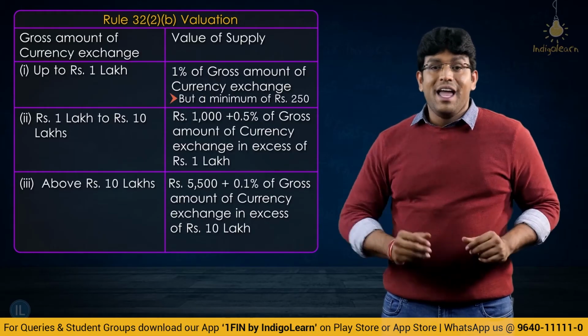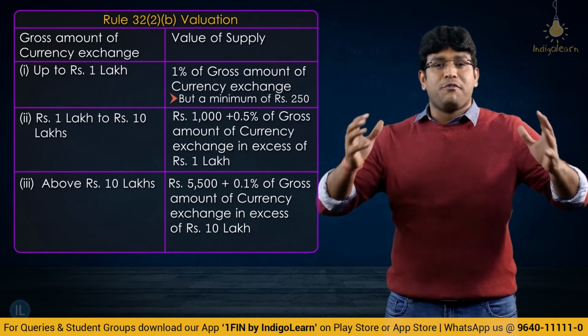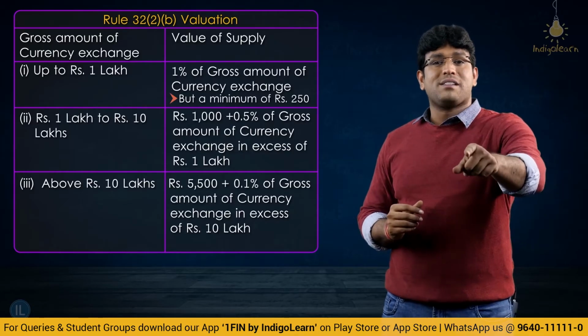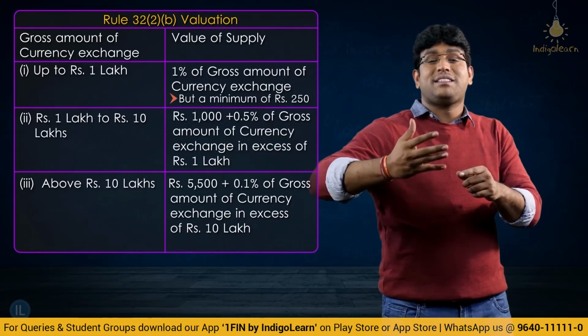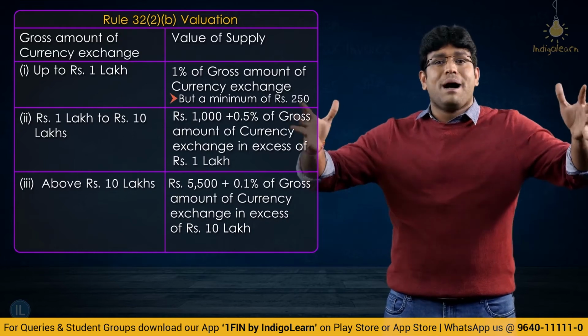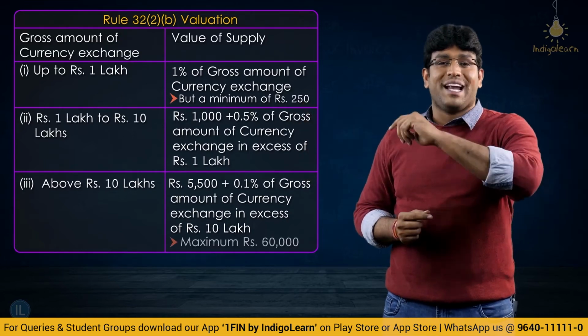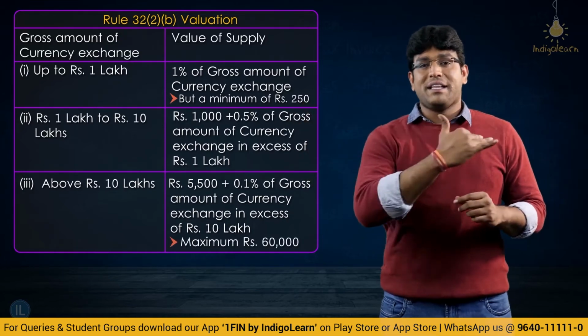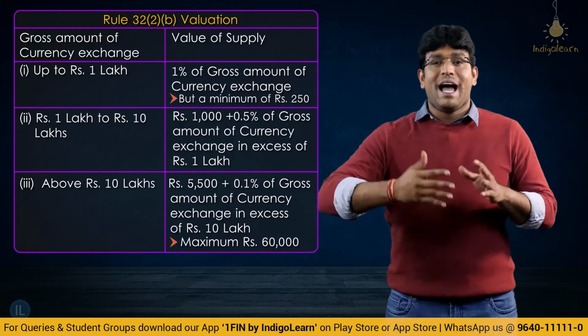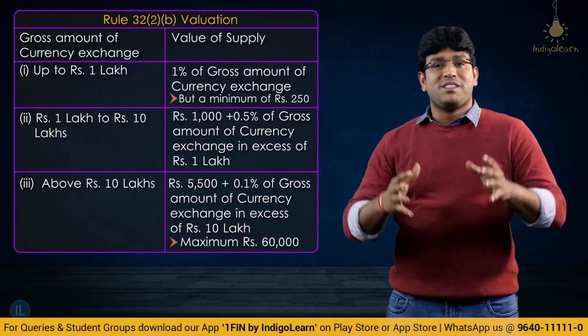Above 10 lakhs, 5,500 plus 0.1% of amount exceeding 10 lakhs, but maximum 60,000. So friends, in the first line they have given minimum 250 rupees and in the last line they have given maximum 60,000.